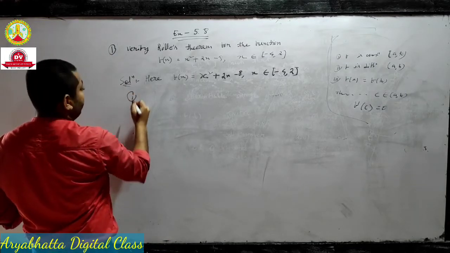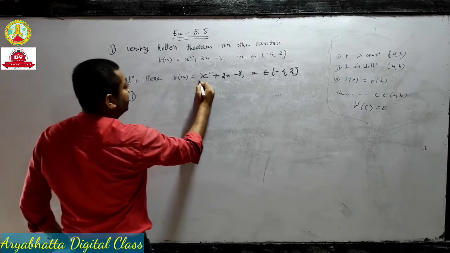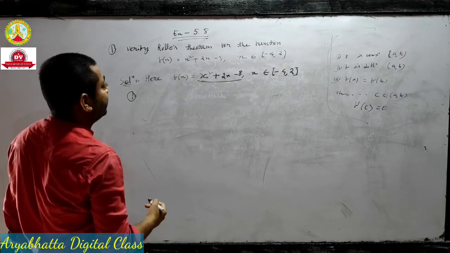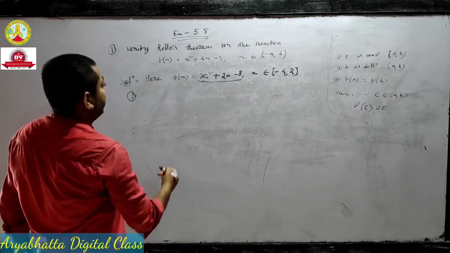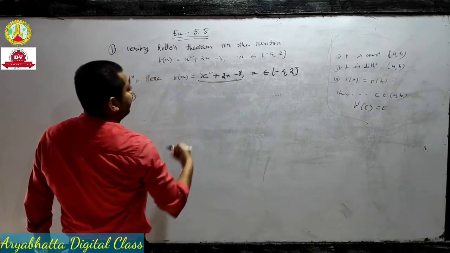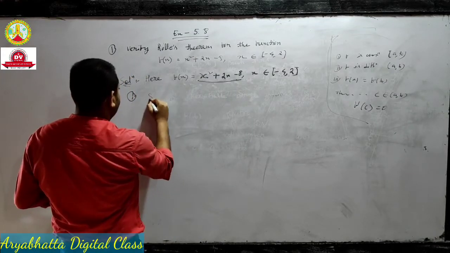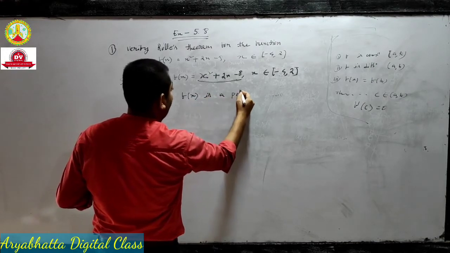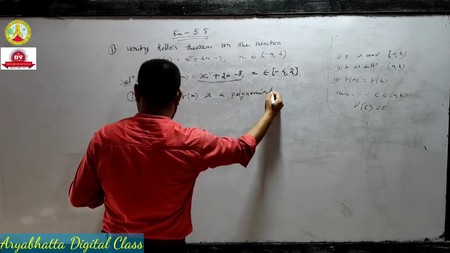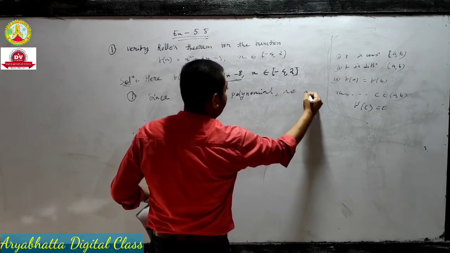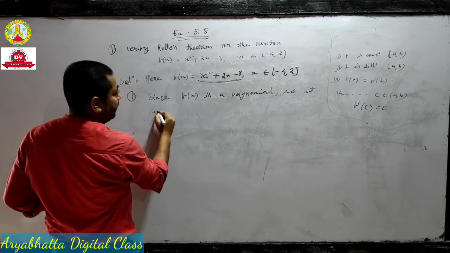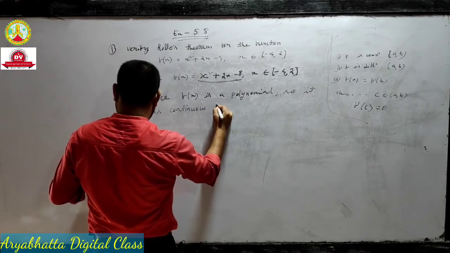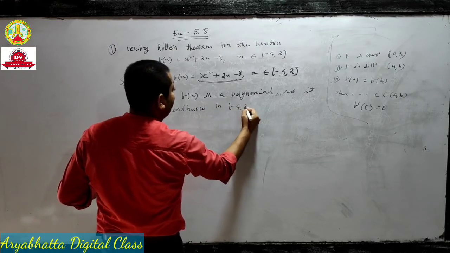Number 1, since this is a polynomial function, we know that a polynomial function is continuous at every point on real numbers, if x belongs to R. Since f of x is a polynomial, so it is continuous in closed interval minus 4 comma 2.